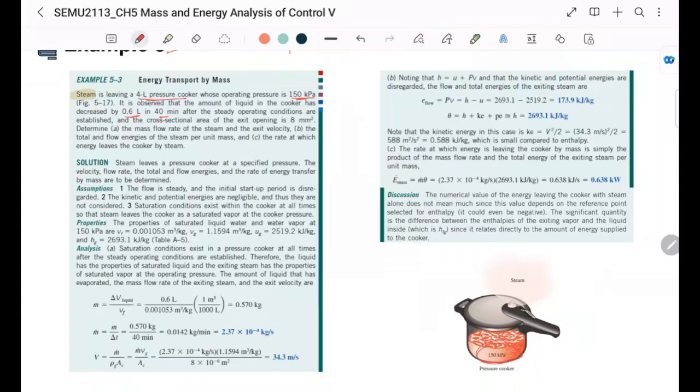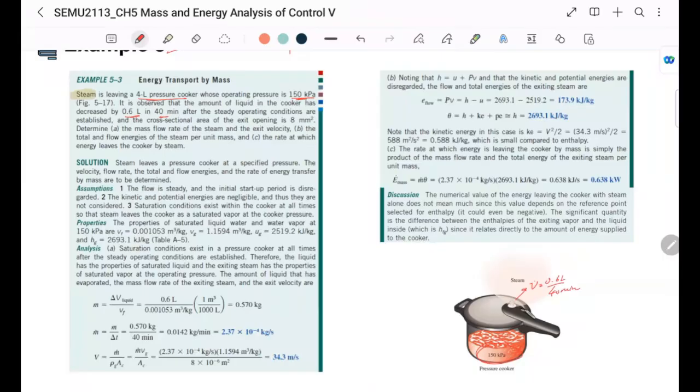So that gives us the volume flow rate basically. After the steady operating conditions are established, so this is under steady state condition. So then the volume flow rate is 0.6 liter over 40 minutes.